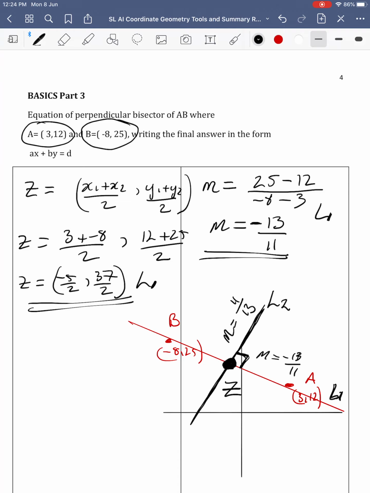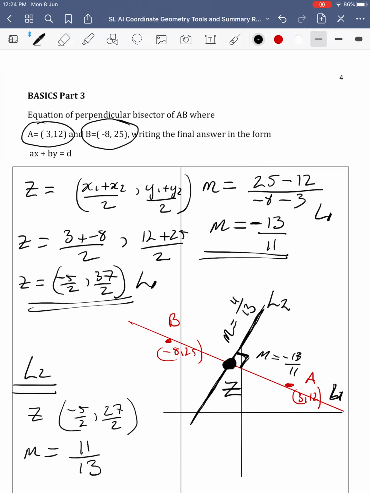Okay, so we've got quite a bit of information for L2 now. We know it goes through Z, which is negative 5 over 2, 37 over 2, and we know the gradient is actually 11 over 13. So this is now just a regular question, find y equals mx plus c for L2.